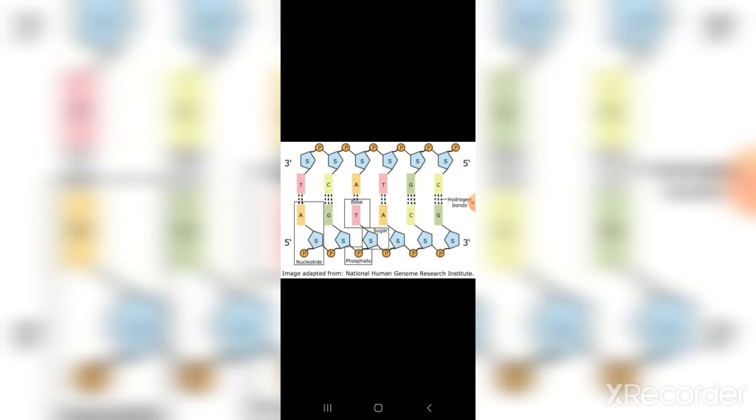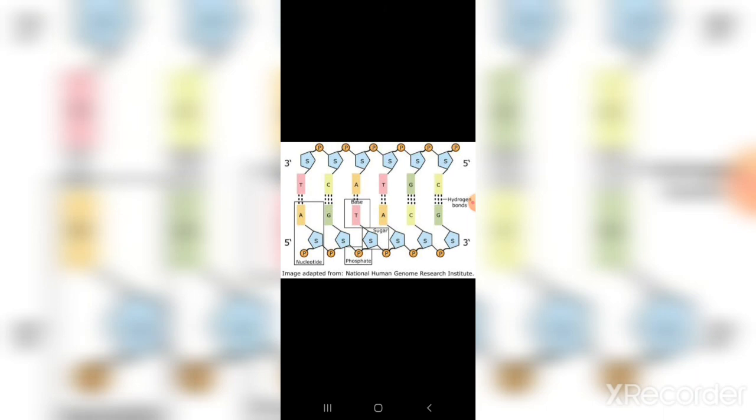And if you go through the chain to the last nucleotide of that particular chain of DNA, in the third carbon the OH is free. That's why it is 3'. So that's why we call DNA a 5' to 3' chain.